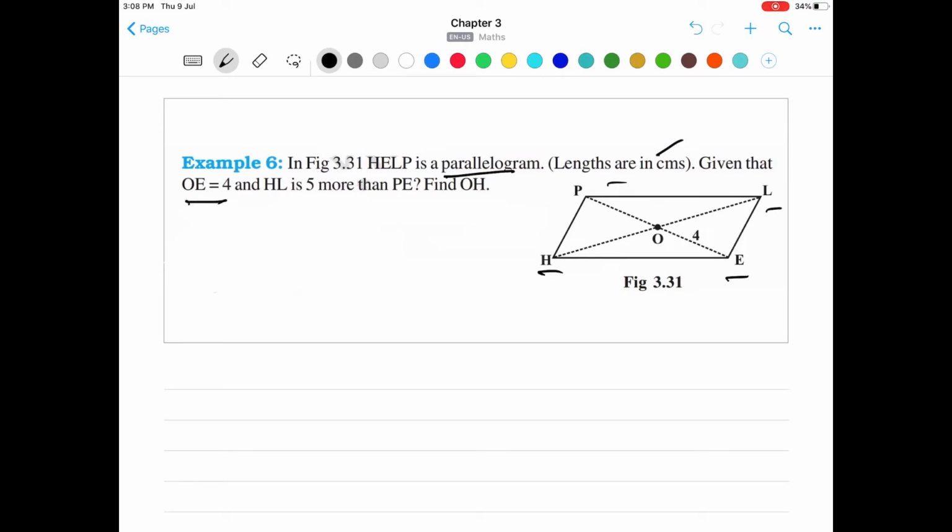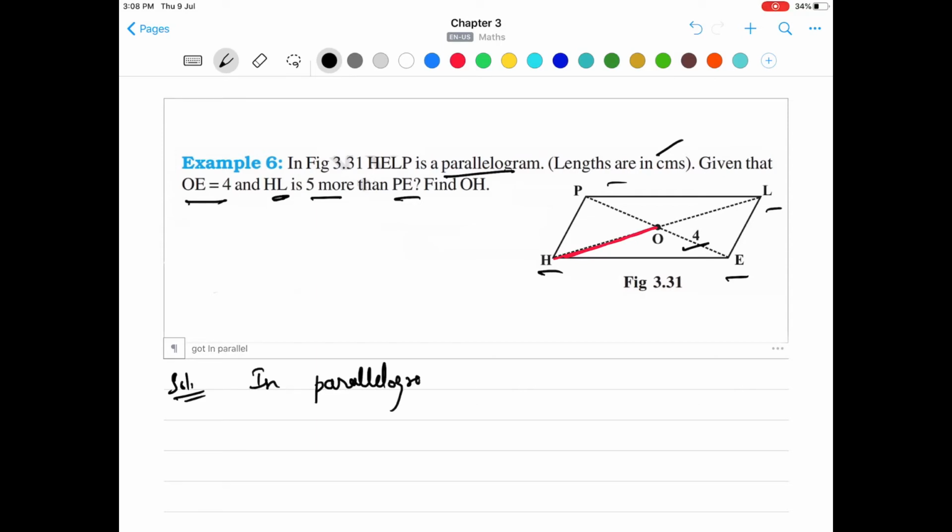Given that OE is equal to 4, and HL is 5 more than PE. We have to find OH. Okay, so let's start the solution. What we are given is, first we write in parallelogram.